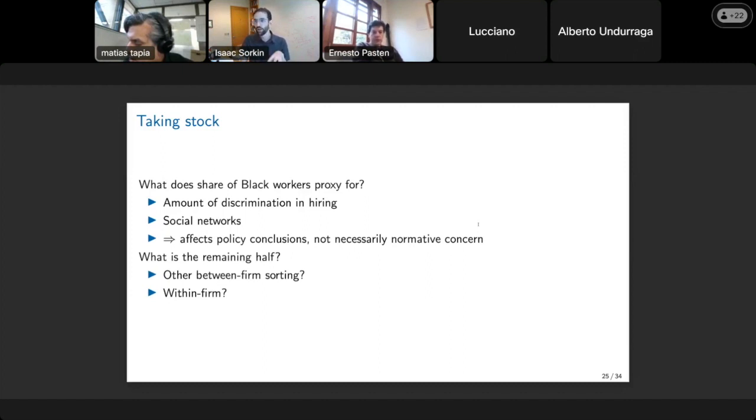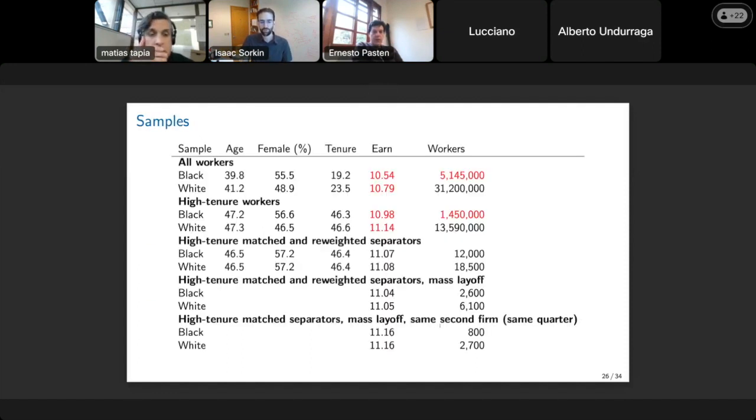To answer this question, I'm going to go down to a weird subgroup, which is the subgroup of workers who both lose their jobs at firm A in a mass layoff, and then both go to firm B in the same quarter. So you're conditioning both on the outcome of the search process and the time of the search process.